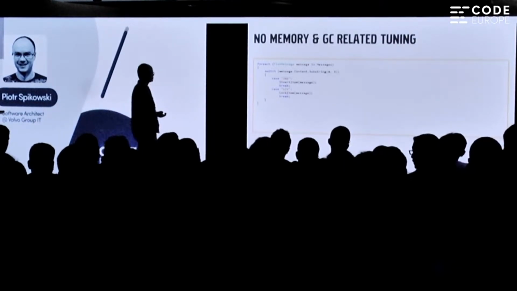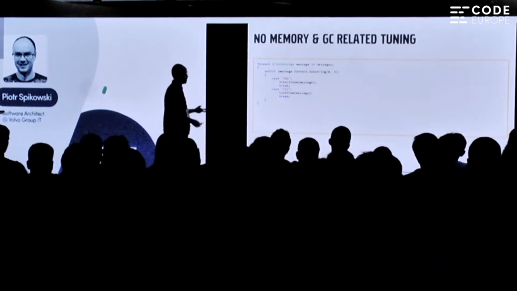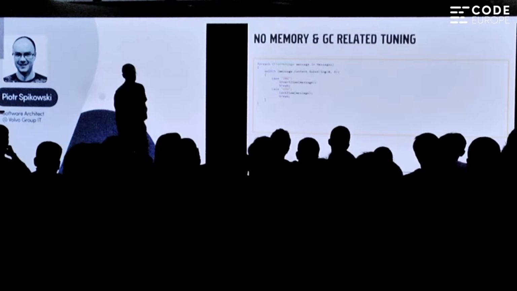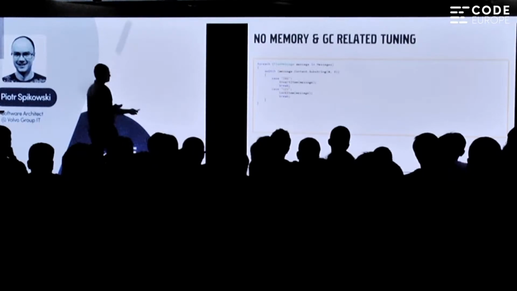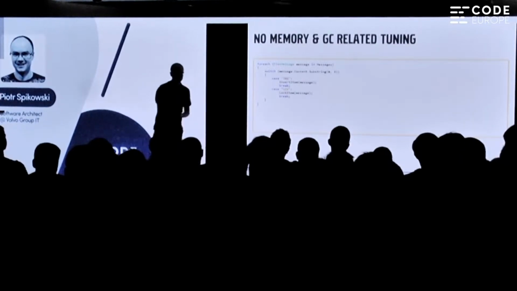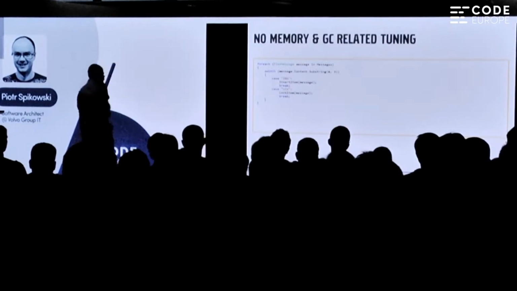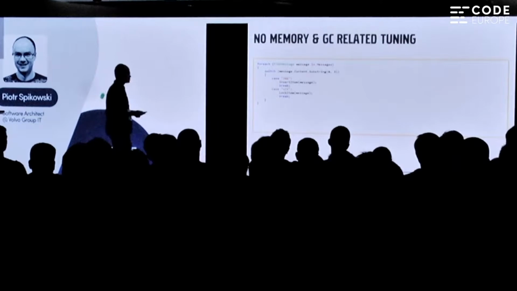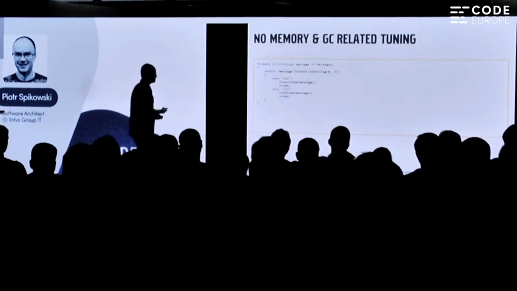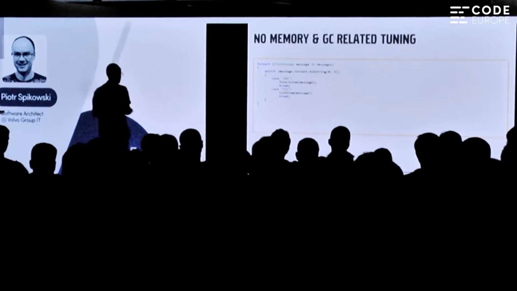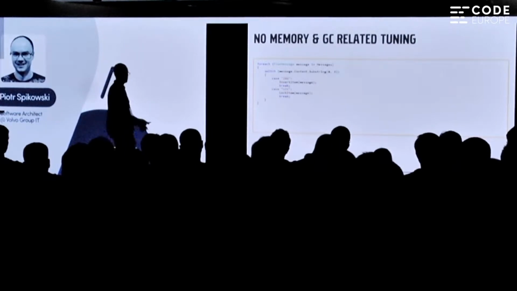The first example shows that even if we have a garbage collector, which is doing hard work for us, we have a tendency to forget about memory management at all. Here someone was trying to process messages, and then, based on some part of the message, decide what should be done.